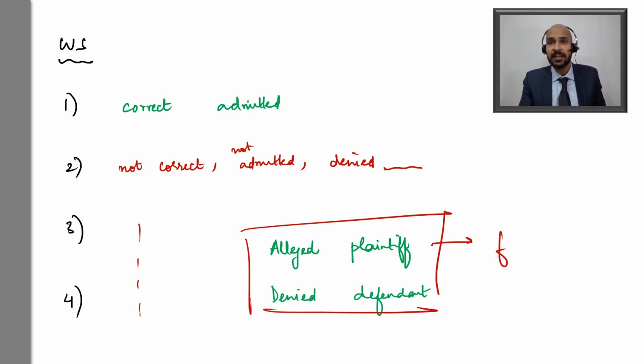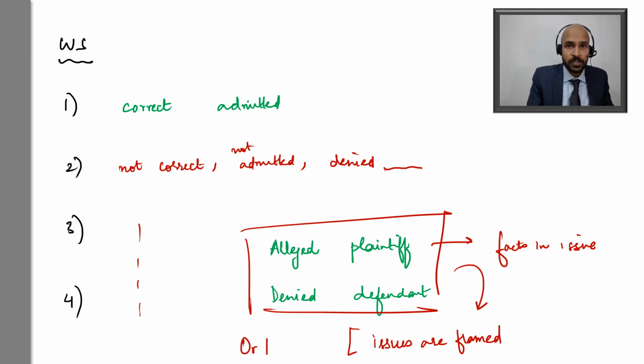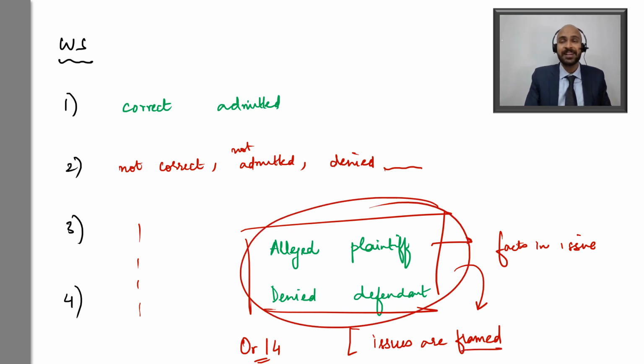These are the facts in issue, and it is on the basis of these that the issues are framed. Right? So if you have a look at Order 14 of the Act, you can see the framing of issues. The issues are identified and framed on the basis of the facts that are found to be disputed in the pleadings. So I hope you can now understand why it is so important to draft these pleadings correctly.